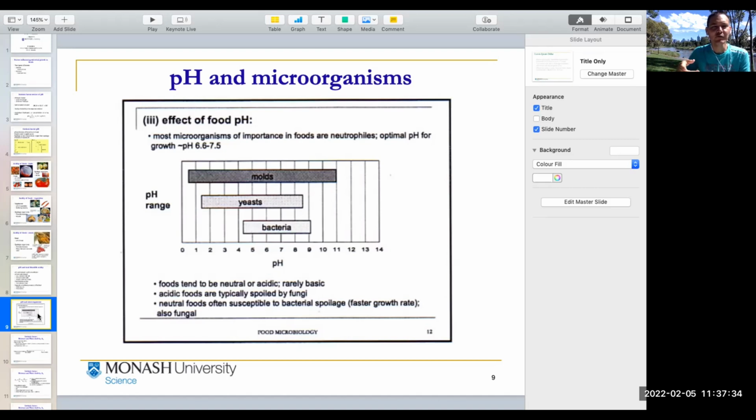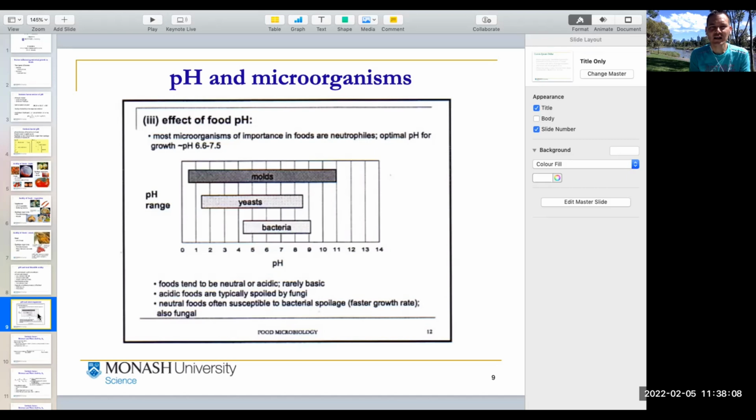But ultimately that food will still spoil, and it will still be spoiled, by and large, through the growth of fungi, particularly molds. So that's something important to keep under consideration: by reducing the pH, you're really just shifting from growth of bacteria to growth of mold, and over a longer time, because mold grows slower than bacteria.